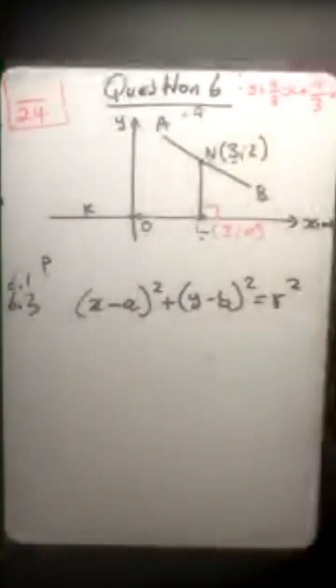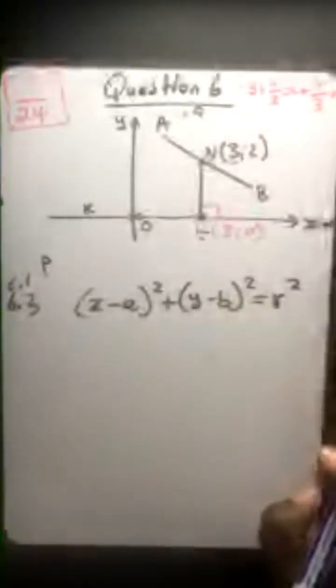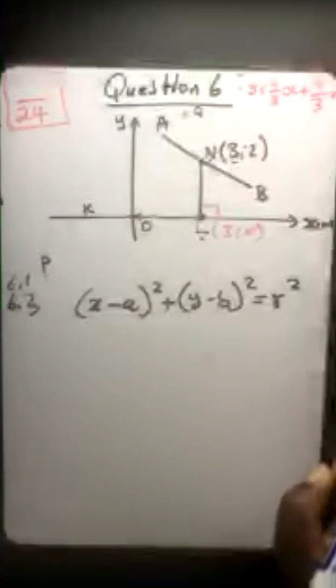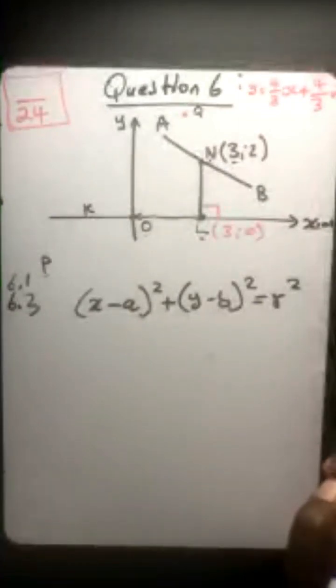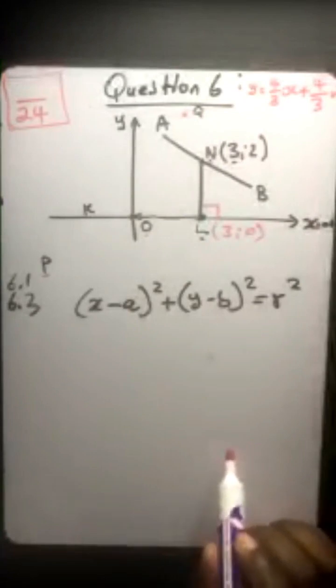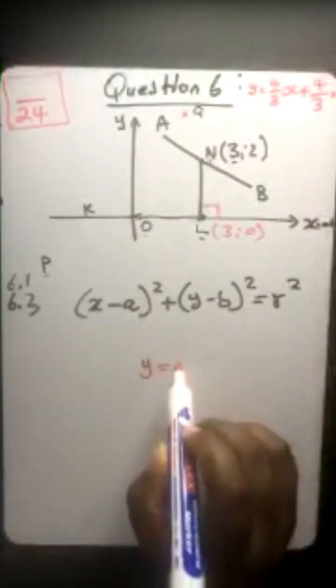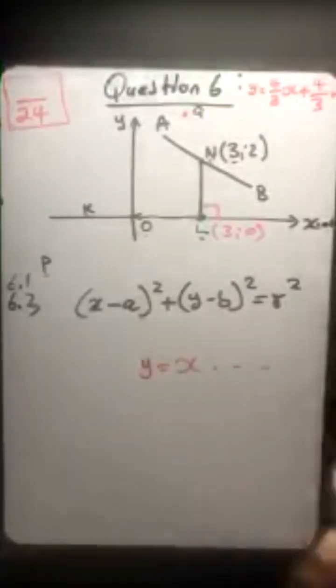I'm telling you guys, I'm sure I'm not saying this for the first time. Every time the examiner says determine the equation of whatever function, they are simply saying if it's a straight line, represent it with y and x, then you can have whatever numbers.